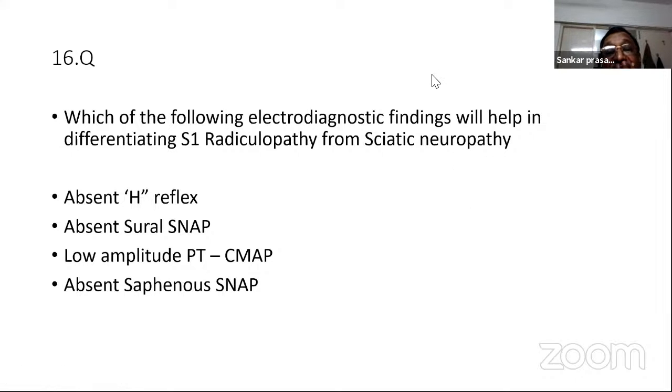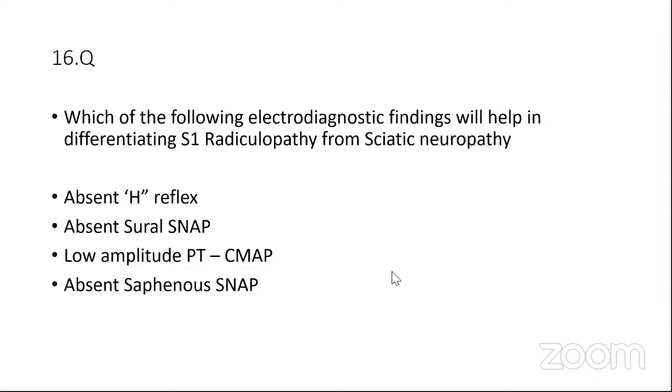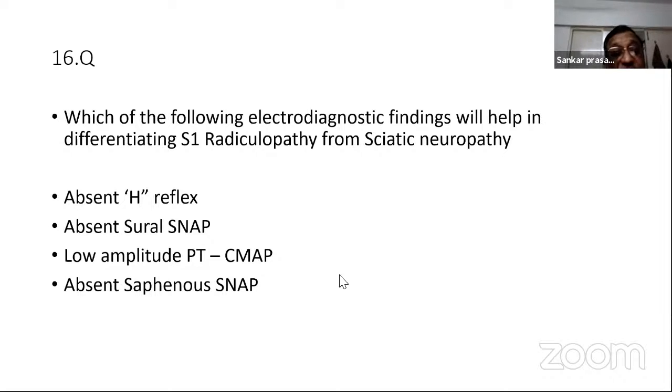Absent sural SNAP, excellent. How? In radiculopathy, SNAPs will be spared, because the lesion is proximal to the dorsal root ganglion. So, sciatic neuropathy and S1 radiculopathy, why not H reflex? Yes, sir, even H reflex.